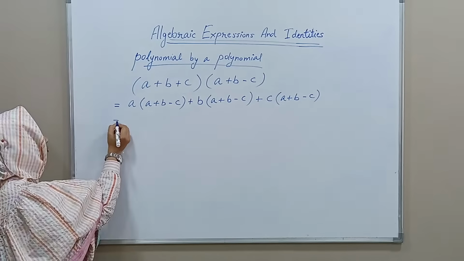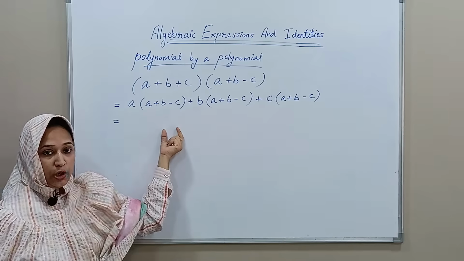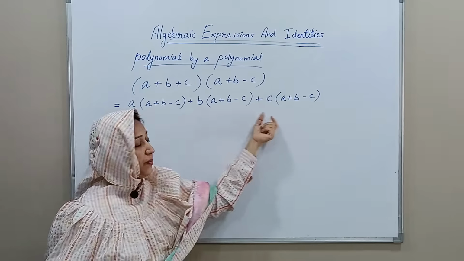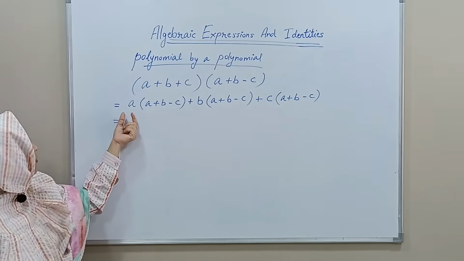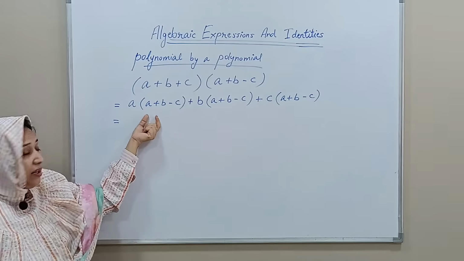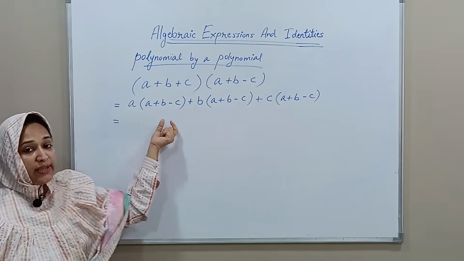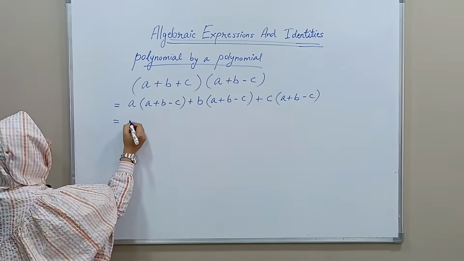Now, on simplifying, this has become three times monomial by a trinomial. To multiply a monomial by a trinomial, we will multiply the monomial with the first term of the second expression, then the monomial with the second term, and then with the third term. So first a into a.